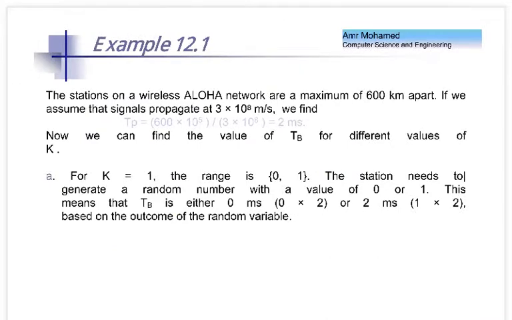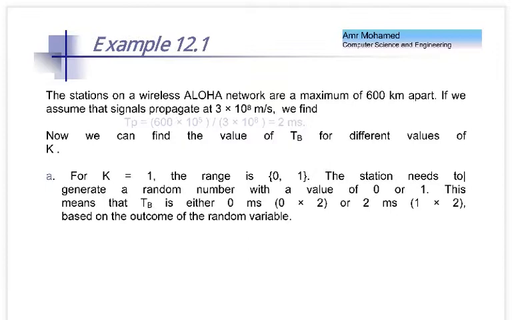For the calculation of the waiting time, as this example explains, first we calculate the propagation time. The propagation time is the time that the signal takes to travel from the beginning all the way to the end of the cable. Then each node will independently generate a random number using the k parameter and calculate the range of numbers.